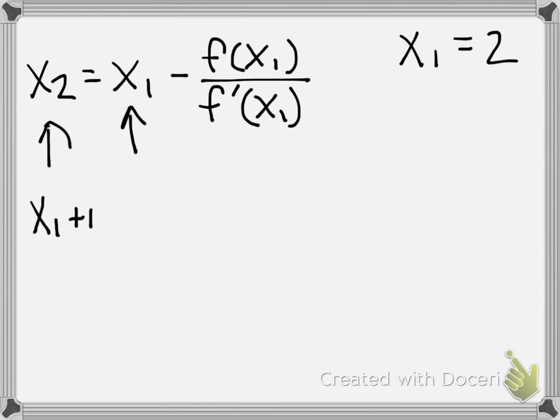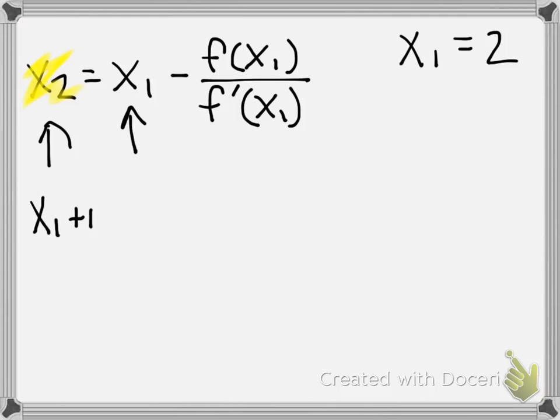So x2 is where we're going, and x1 is where we've been. So now just plug in everything accordingly. Plug in x1 where you see an x1.